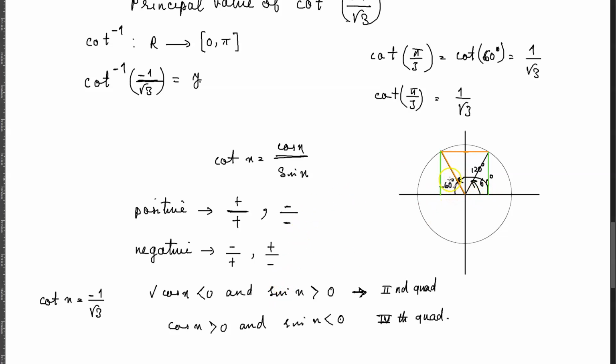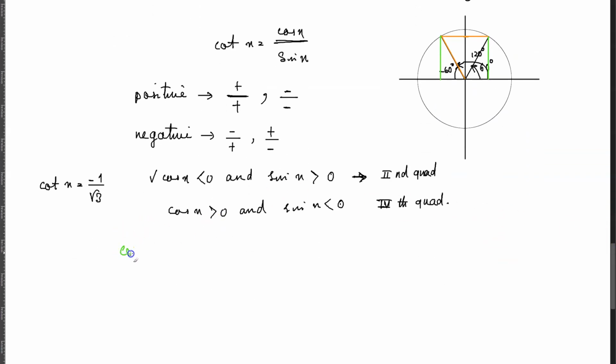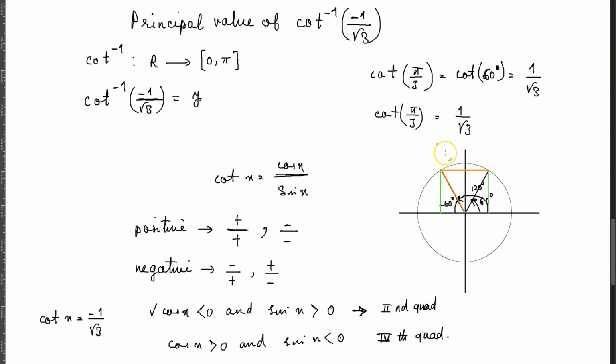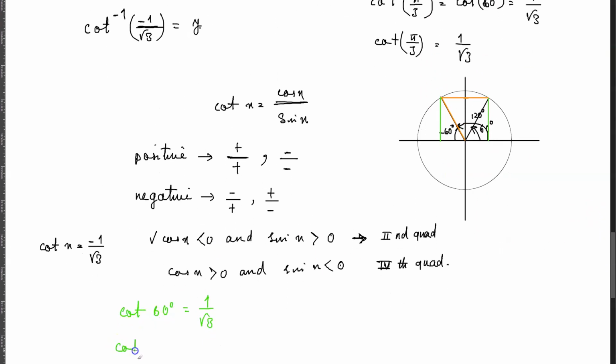And what that means is that this angle has, as the value of its cot, the algebraic opposite of the cot of the 60 degree angle. So I can write that if the cot of, for example, pi by 3, which is 60 degrees, is equal to 1 over square root of 3, which is what we knew from before, then of course the cot of 120 degrees is equal to negative 1 over square root of 3.